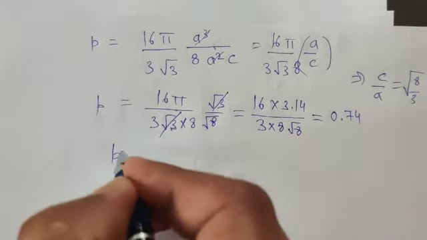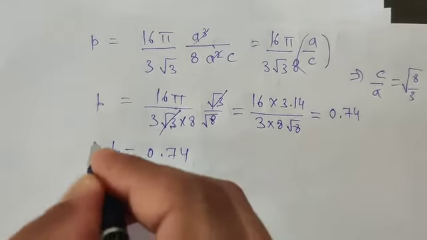So the packing fraction for HCP will be 0.74.